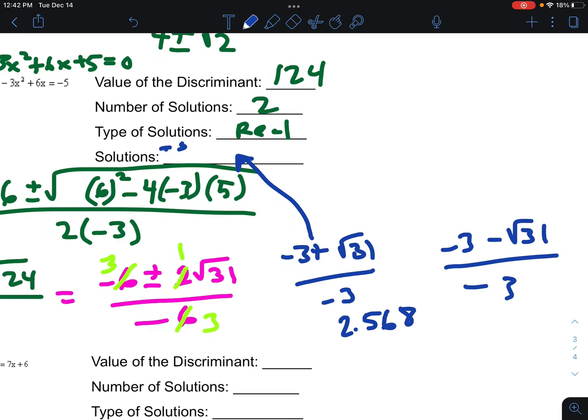I'm going to go back and fix that. So this is 2.856. I'm going to go do the math again, plus the square root of 31. Yep, divided by -3. Forgot to do that for this first one. So my approximate solution would be -0.856.